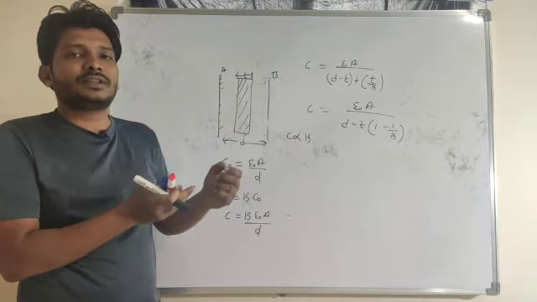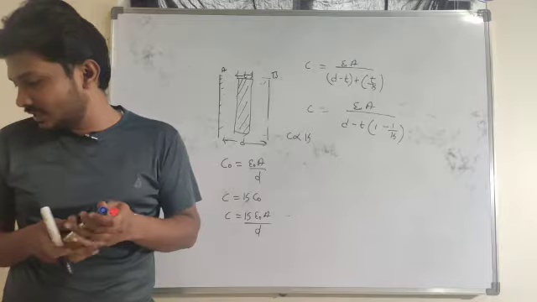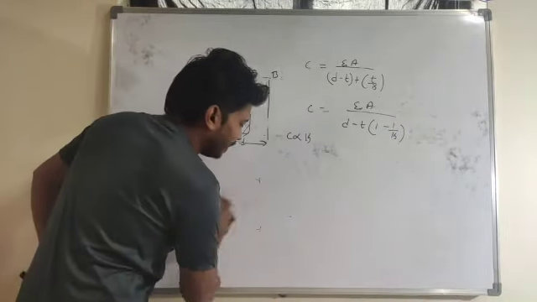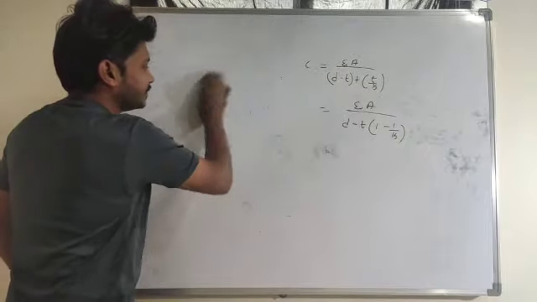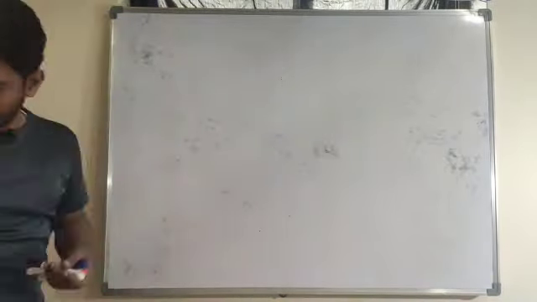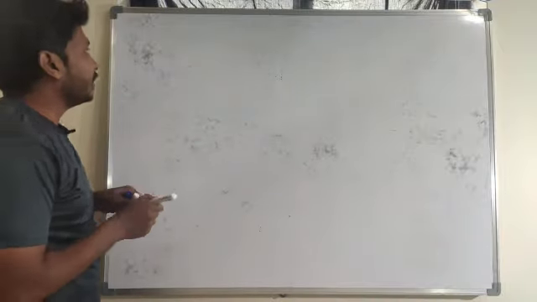So let me begin with the concept of grouping of capacitance. In the case of grouping of capacitance, there are series grouping as well as parallel grouping. Let me understand one by one. Let me start with the concept of grouping of capacitors.